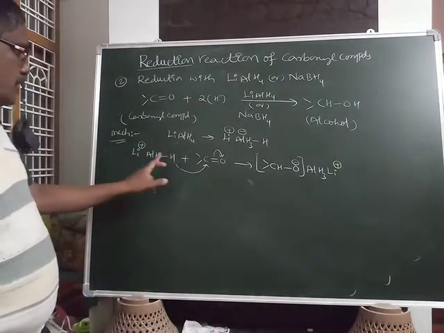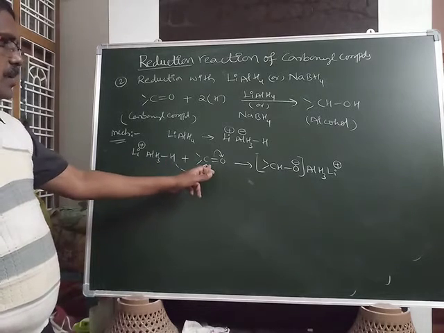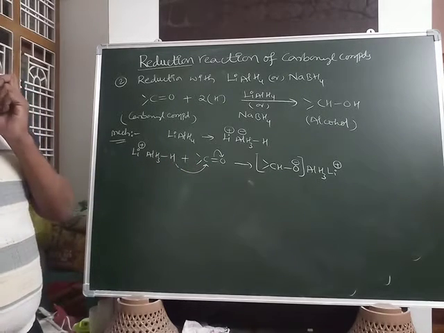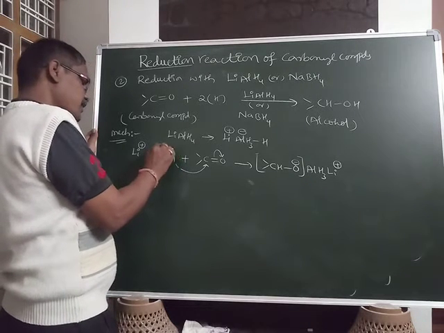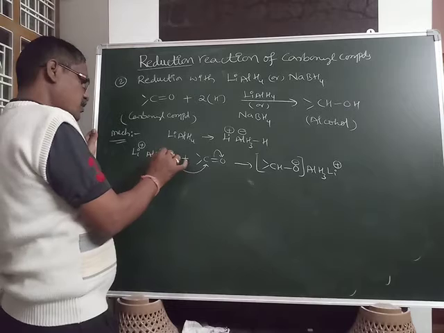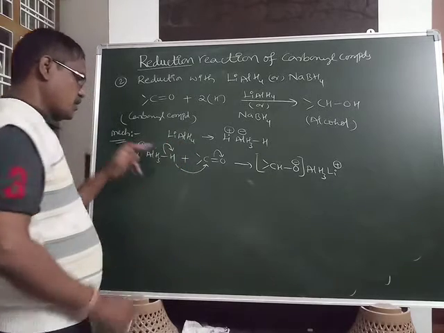AlH3 Li plus, the hydrogen bonded to this one in the form of H minus shifts to this side, the bonded electrons shifting to this side.